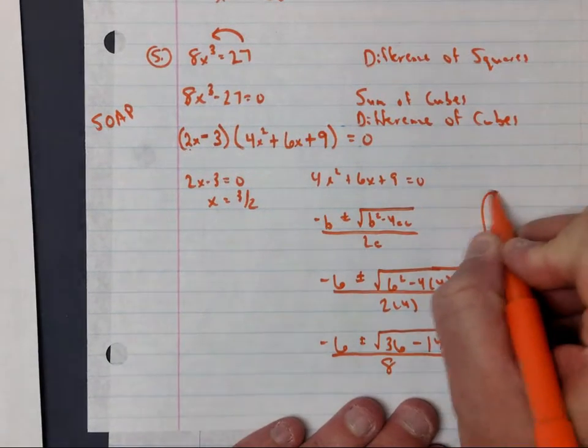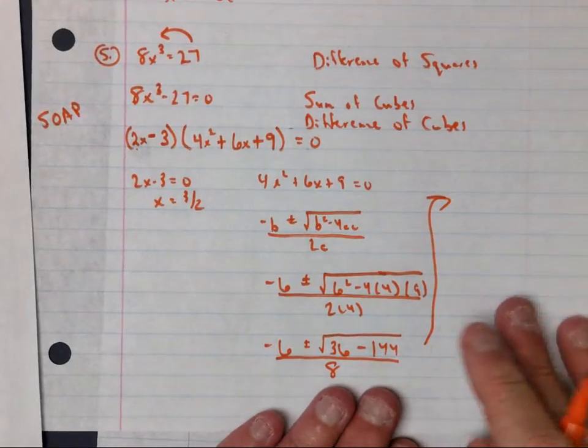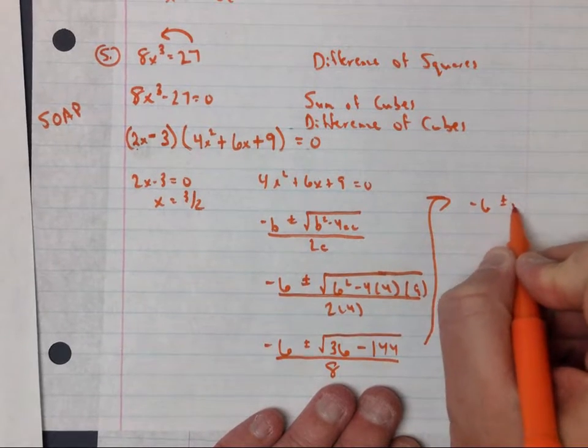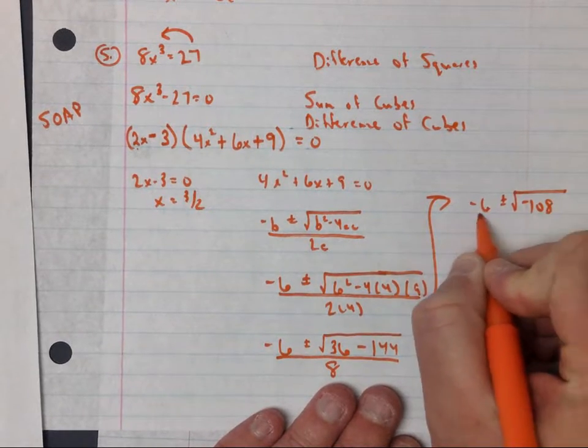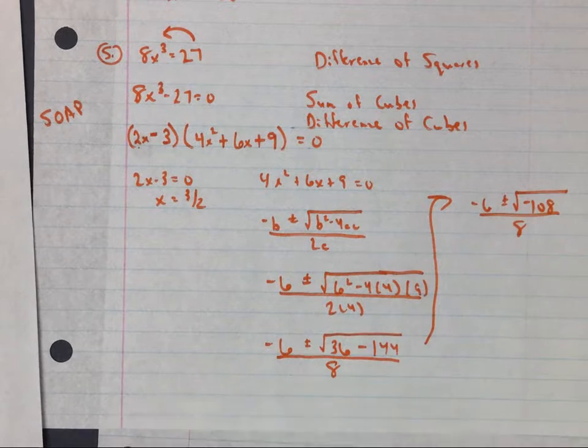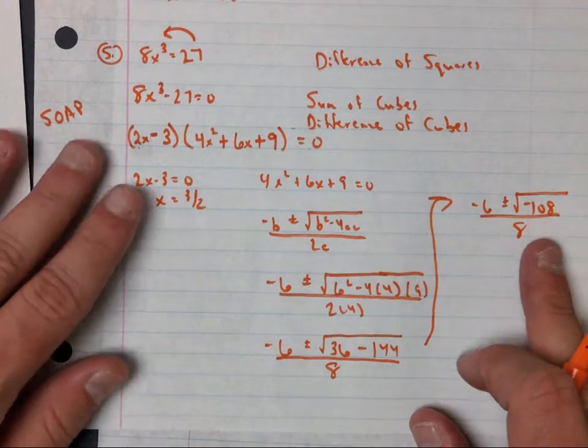I'm going to bring this up here so you can see it. So that gives me negative 6 plus or minus the square root of negative 108. Okay, now that you see a negative in that radical, you know that this is going to be some complex zeros, some imaginary zeros. So I'm going to break 108 down.